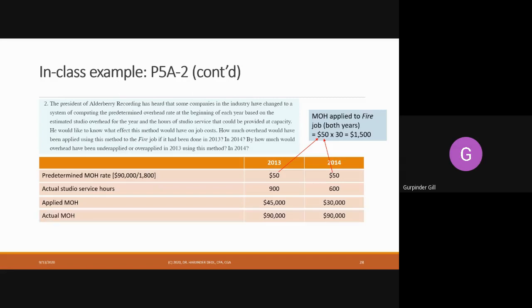Our actual manufacturing overhead cost is $90,000 in both of these years. So in both of these years, your manufacturing overhead is underapplied significantly. In 2013, the manufacturing overhead is underapplied by $45,000, and in 2014, it is underapplied by $60,000.